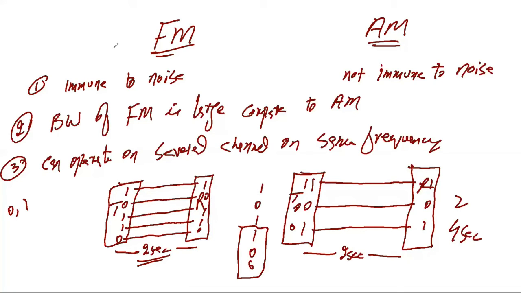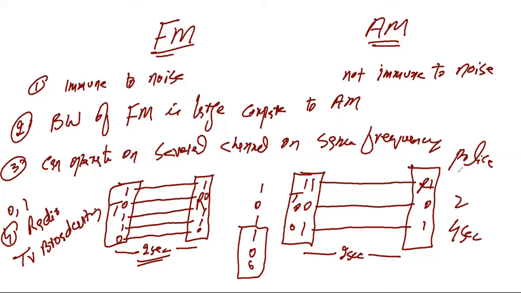We use FM in radio stations and TV broadcasting, while we use AM in police wireless.